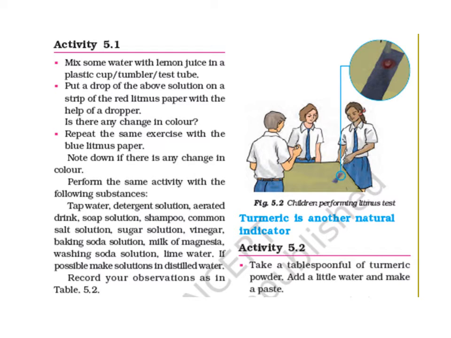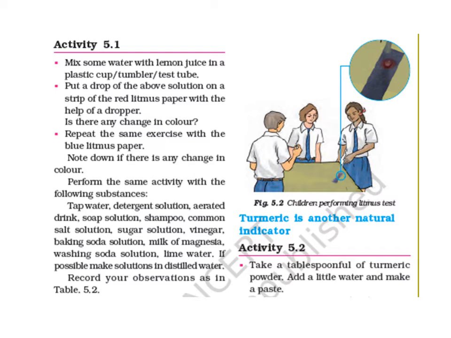Means what is the conclusion of that activity? The given substance is acidic. As the property of acid is, what is the test of litmus indicator? Red litmus paper will not change its color with acid, but the blue litmus paper will change its color into red color with the acid. So the given substance, means lemon juice, is acidic in nature, that we have concluded here.